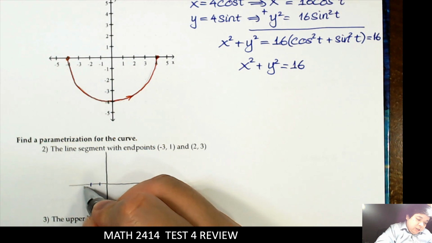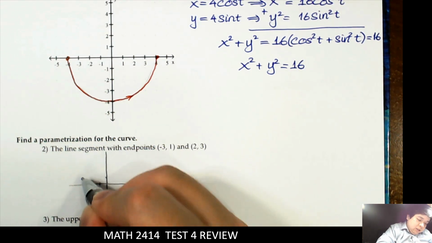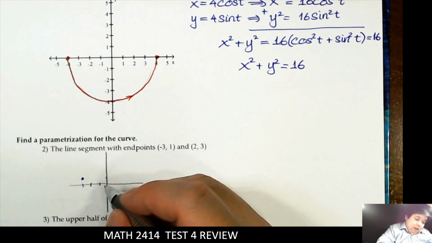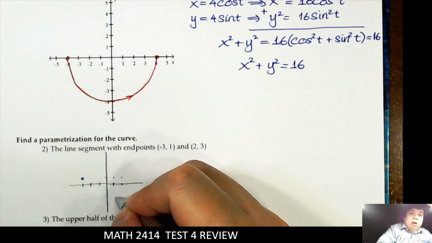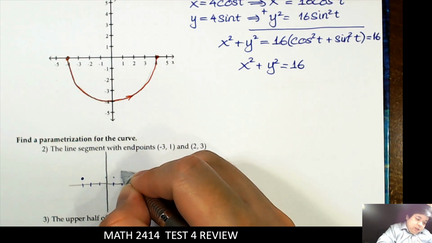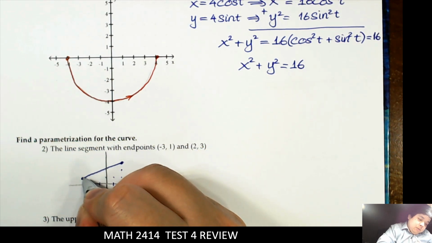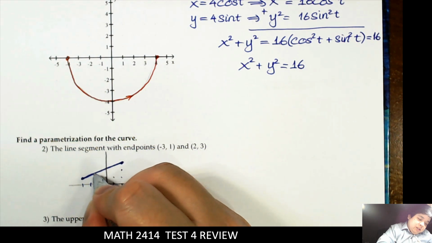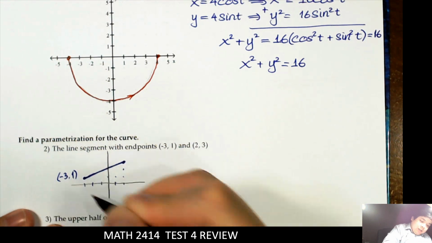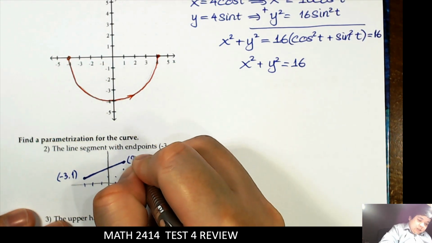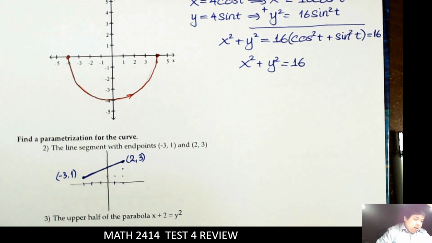We draw the point -3, 1, and then 2, 3. So we're going to have this segment.